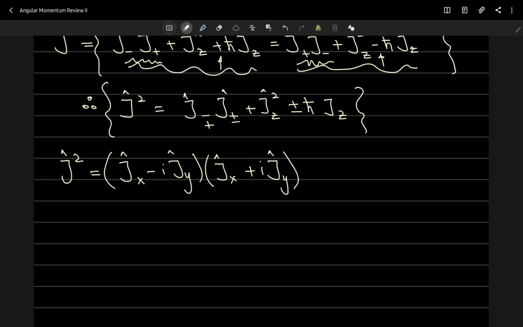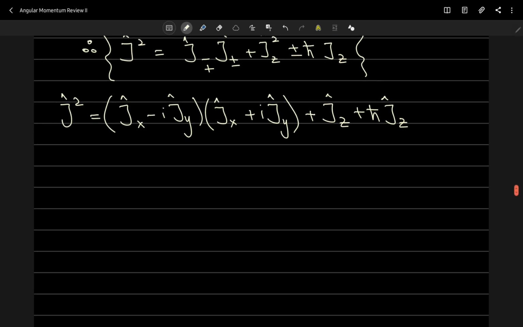If you take the product of these two and add jz plus h bar jz, this would give you j squared.